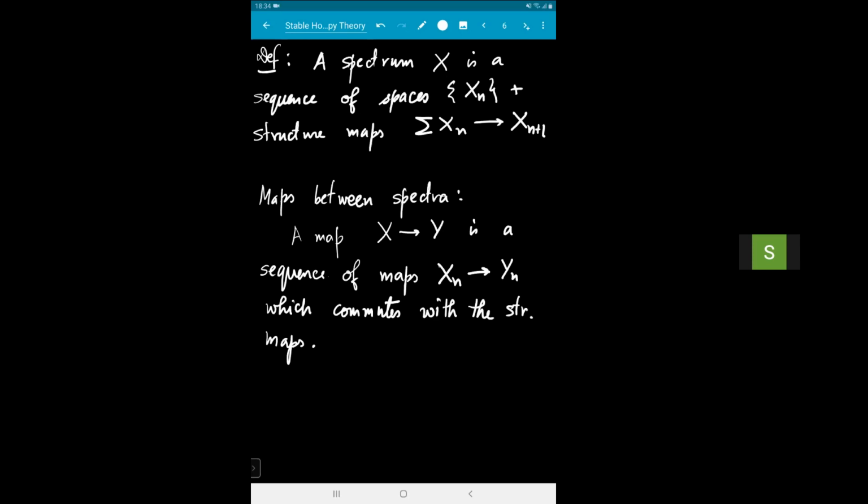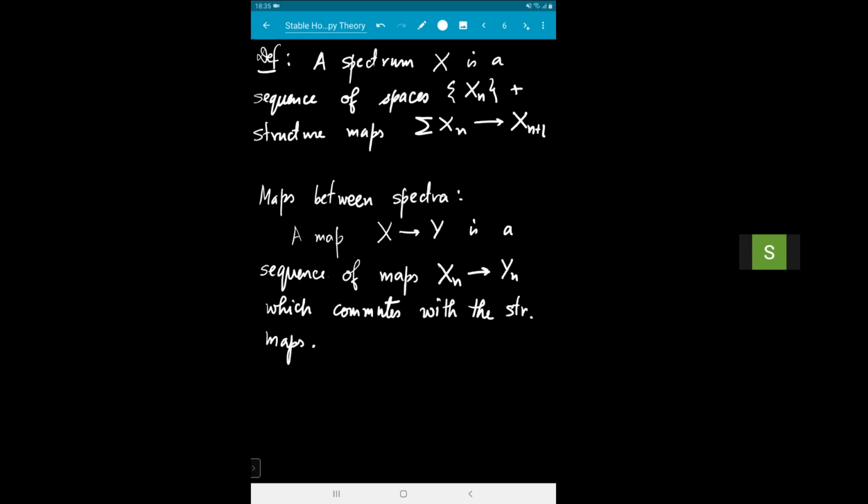Now, this is a definition. So later we will define what the homotopy classes of maps between spectra are. You see, now you know what a model category is, so you know that you may try to define a category in a certain way, but to get the correct homotopy classes of maps, you need to take special objects to evaluate them in.